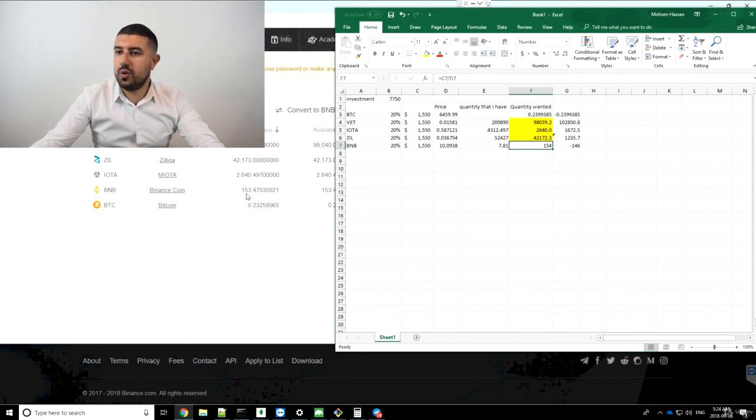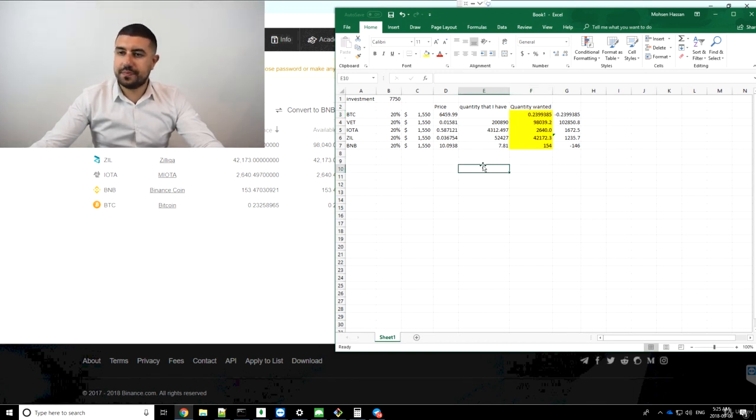So BNB 153.4, 154. So about right, half a coin away. Bitcoin 0.232, 0.239, pretty close there. So that's it. I have all the coins in the right proportions, and my portfolio is done.